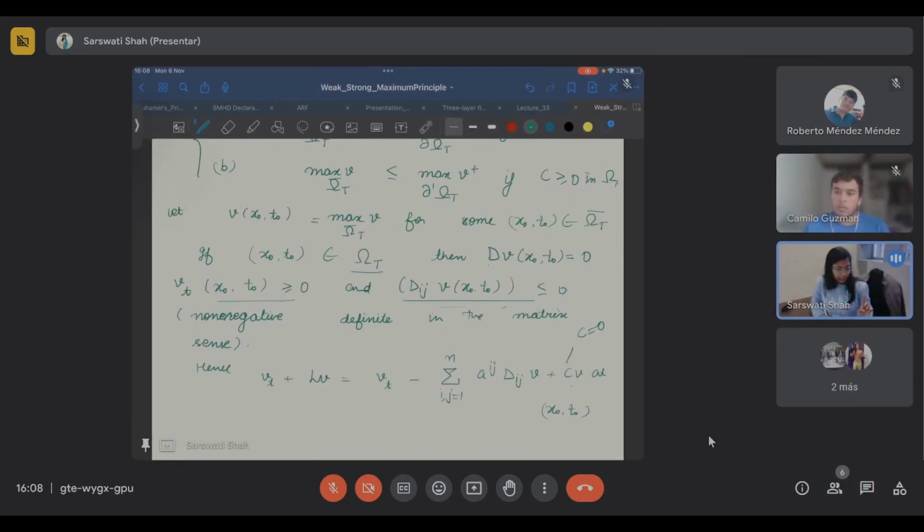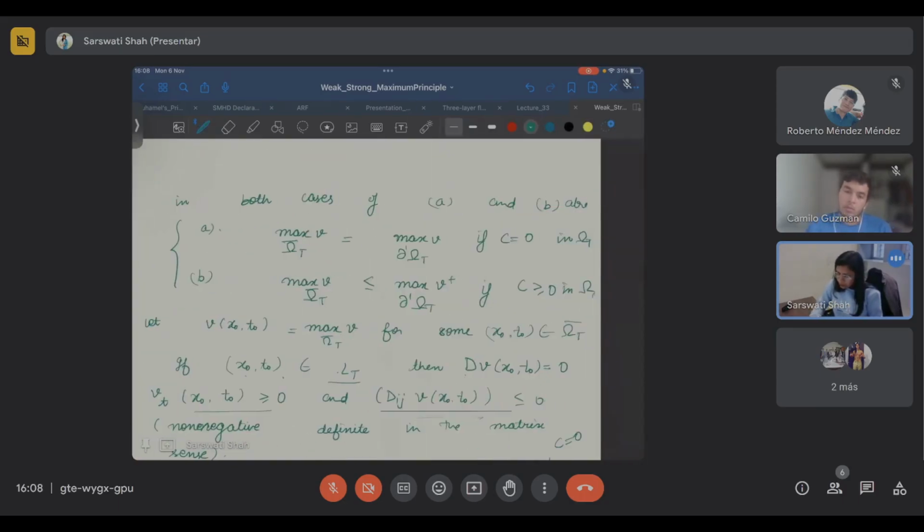Here you have two conditions. Either (x naught, t naught) belongs to the boundary, then you don't need to prove that. It is automatically given that we are getting the maximum value on the boundary, isn't it? But if this (x naught, t naught) does not belong to the boundary, rather it is coming from the interior of the region, in that case we have to prove that this c should be 0.